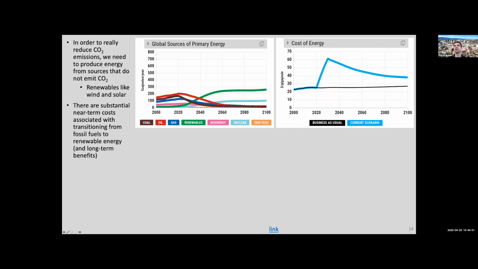So we more than doubled the cost of energy by essentially taxing all of the oil, coal, natural gas, and putting a carbon price on all emissions. And so what that's doing is it's making renewable energy more attractive financially, because now all these other sources of energy are more expensive. So we do have this major increase in the cost of energy.